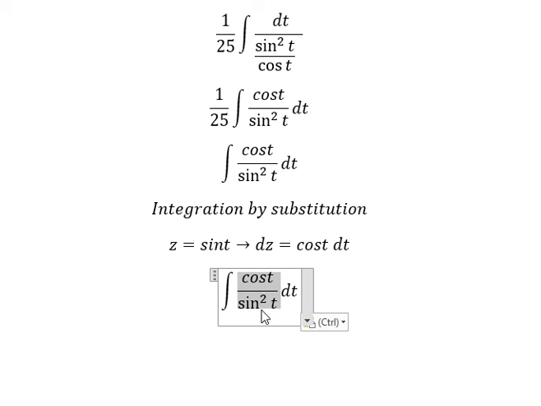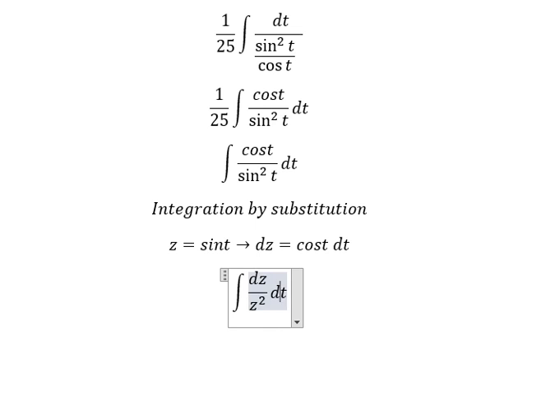So this one you get z squared cosine t dt, we change by dz. The integration of this one you get negative 1 over z, and we put c.